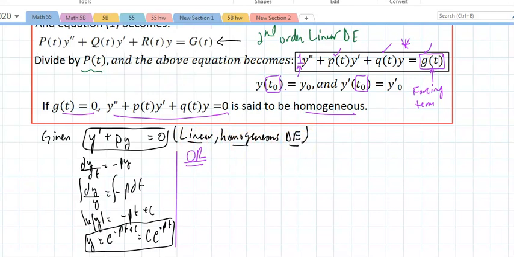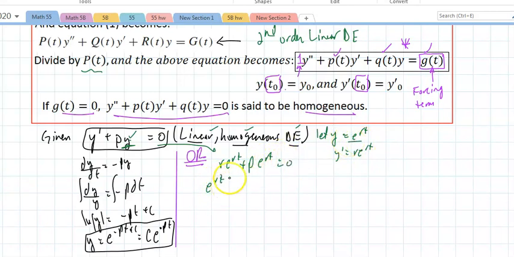Somebody came in and said, look, if you see a linear homogeneous differential equation, they didn't say of first order, of any order. They say, let y equal e to the rt be the solution. Then, if I look at this equation, y prime is r e to the rt. So r e to the rt plus p times y, which is e to the rt, equals 0.